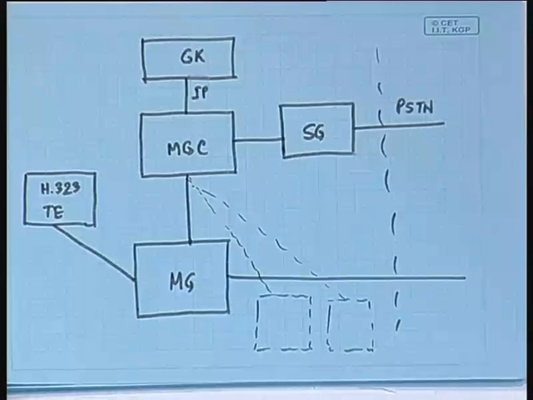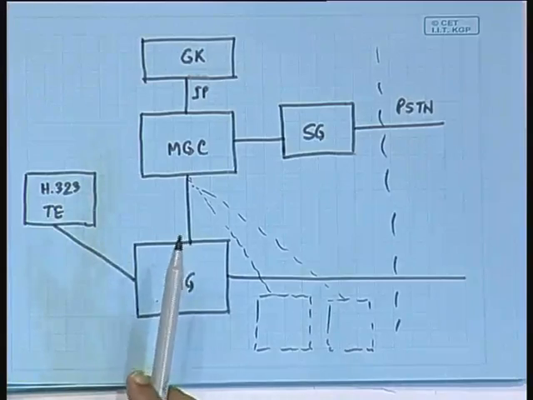So, it can divert from one MGC to the other, and the call can still proceed even with the failure of an MGC, and this is going to be some kind of an advantage.